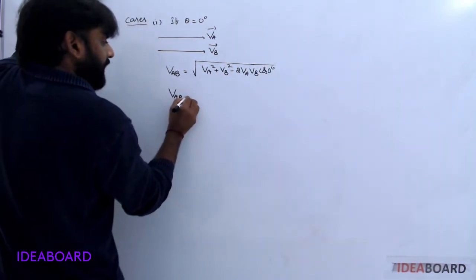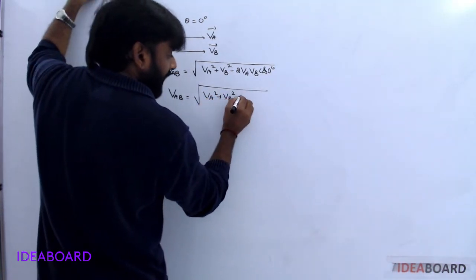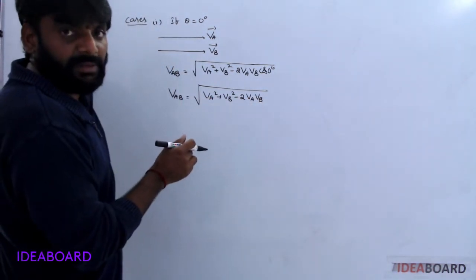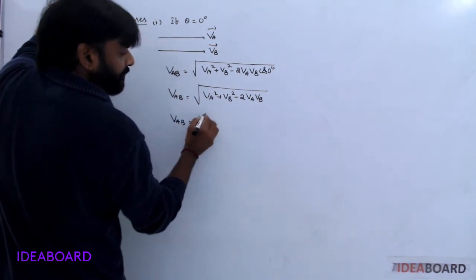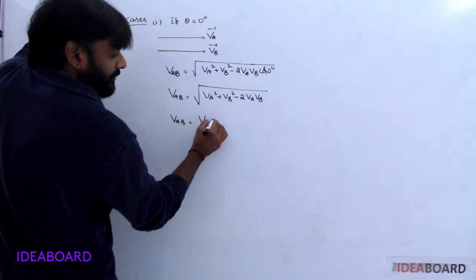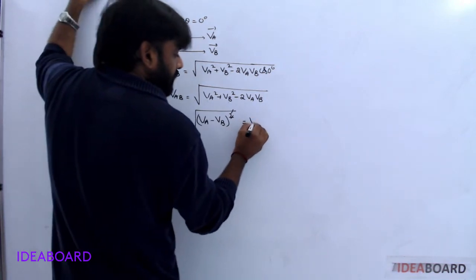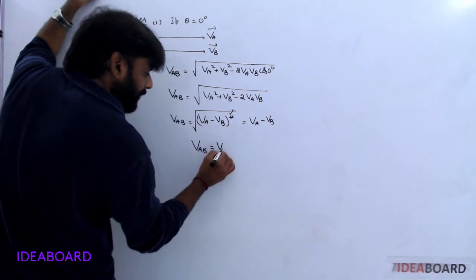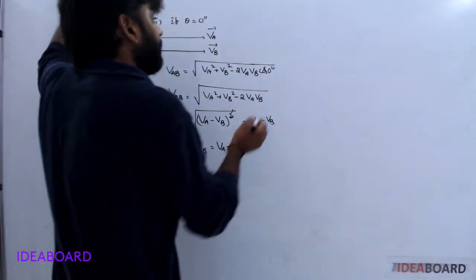Cos 0 is 1. It is in the form of A square plus B square minus 2AB, so it is VA minus VB whole square under the root. So A with respect to B is equal to VA minus VB.